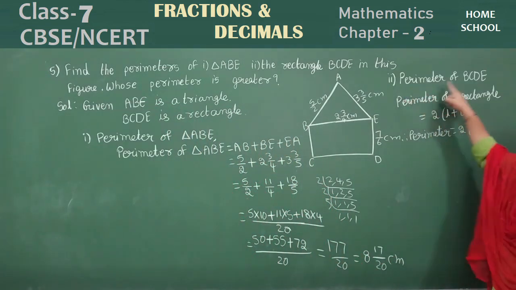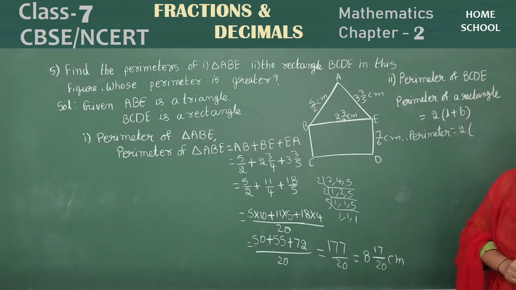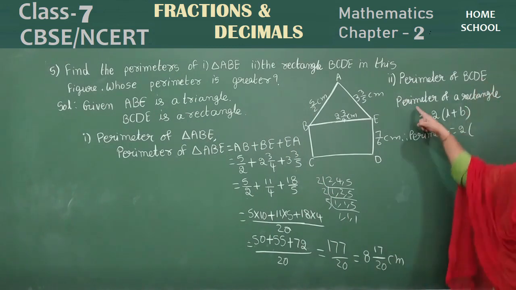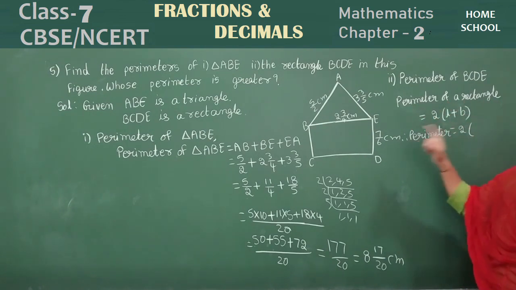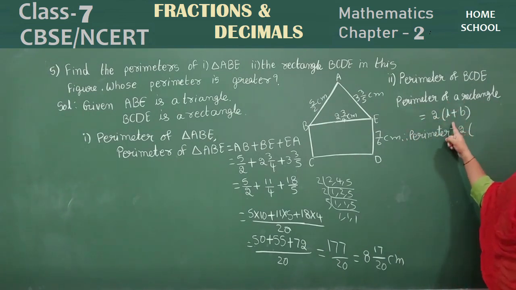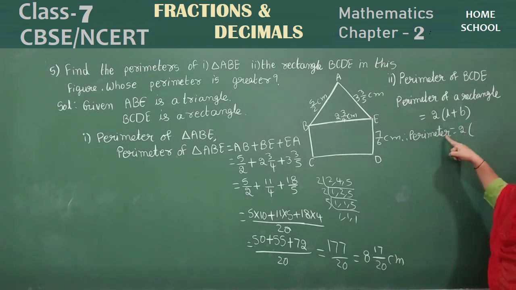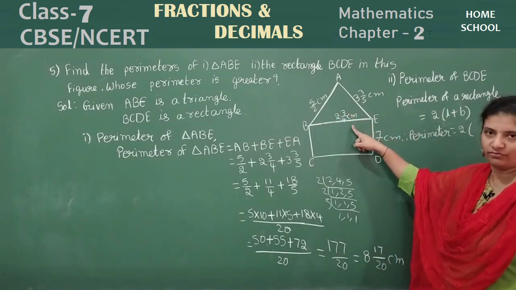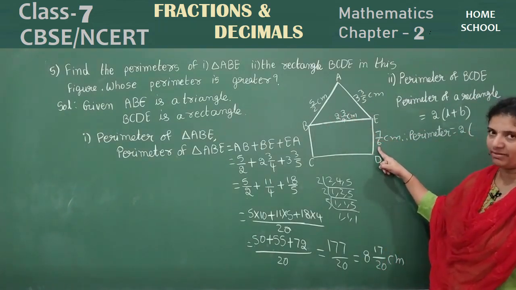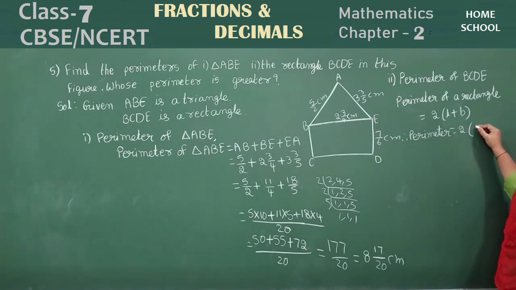Second question, the perimeter of BCDE, that is a rectangle, you need to calculate. What is the formula for the perimeter of a rectangle? 2 times (length plus breadth). Therefore perimeter is equal to, length is how much here? 2 3 by 4 and its breadth is 7 by 6. Directly we can substitute here.